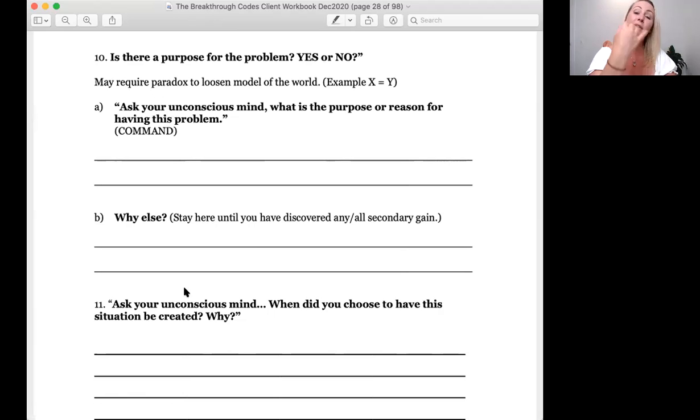Yeah, absolutely. So see how all of these questions are open-ended questions, offering yes, no answers. So would X problem equal Y?